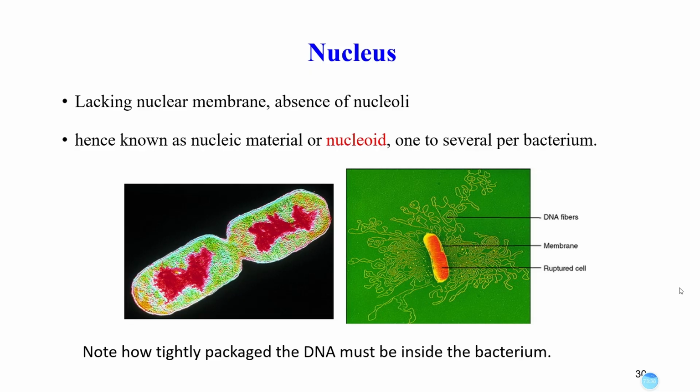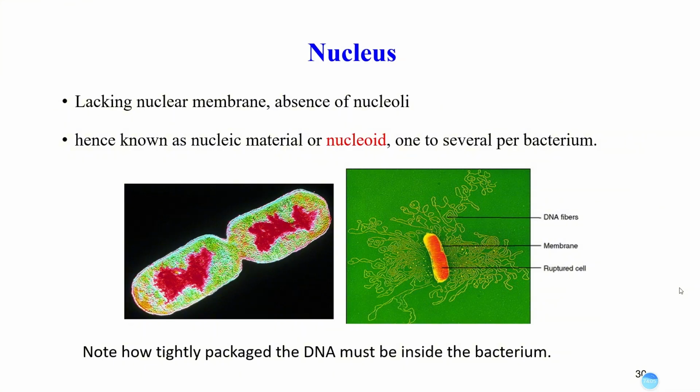The actual length of DNA is much, much longer than the cell itself. See, this is E. coli. When DNA is released, you can see in each single cell, it contains a lot of DNA. It's very long. And you have to pack them tightly in this specific region. And this packing must be well organized.